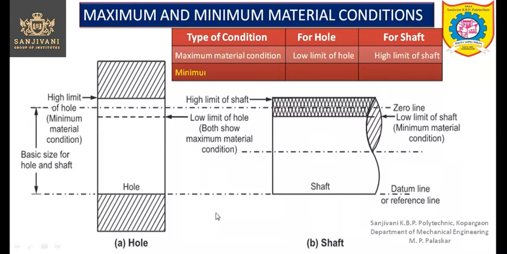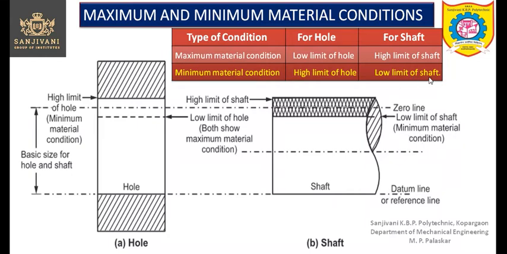Now what is minimum material condition? Minimum material condition means high limit of hole. So here you can see that the limit of the hole is higher, or maximum size of the hole. So that is the minimum material condition. High limit of the hole is minimum material condition, and at the same time the low limit of the shaft is minimum material condition.